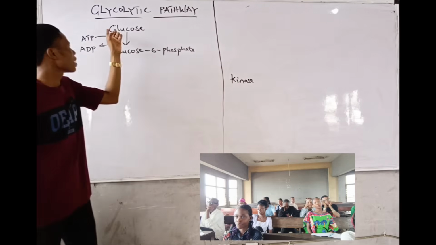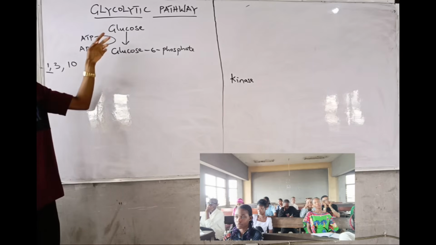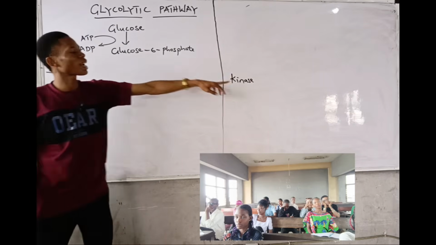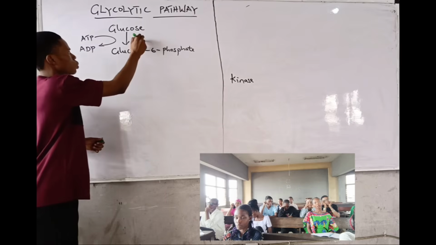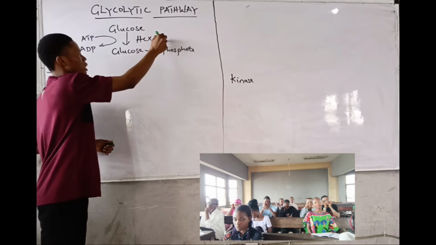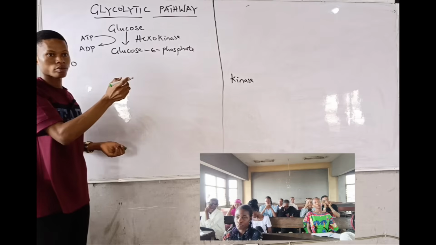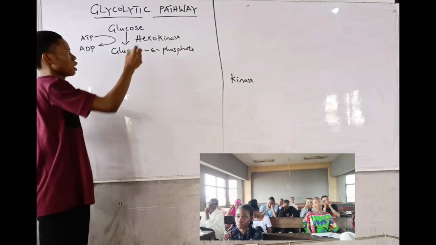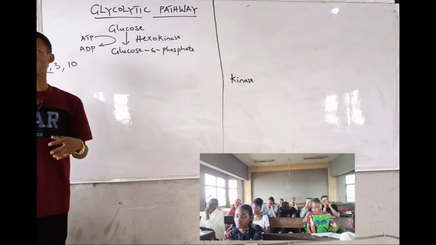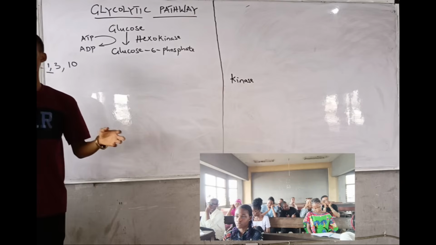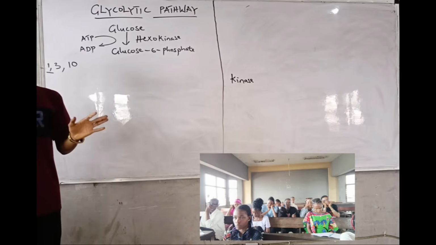Now look at this. This is a hexose sugar, and there is a transfer of phosphate group from here to here. So what do you think? Hexokinase. That's the name of the enzyme. Or the more specific one, glucokinase. But generally we use hexokinase. As we go on, you will see the difference between what glucokinase can catalyze and what hexokinase can catalyze. But for now, hexokinase is a general word.